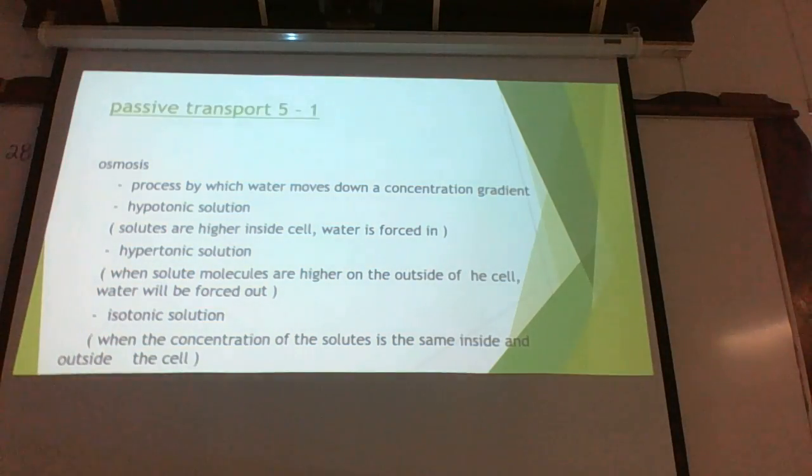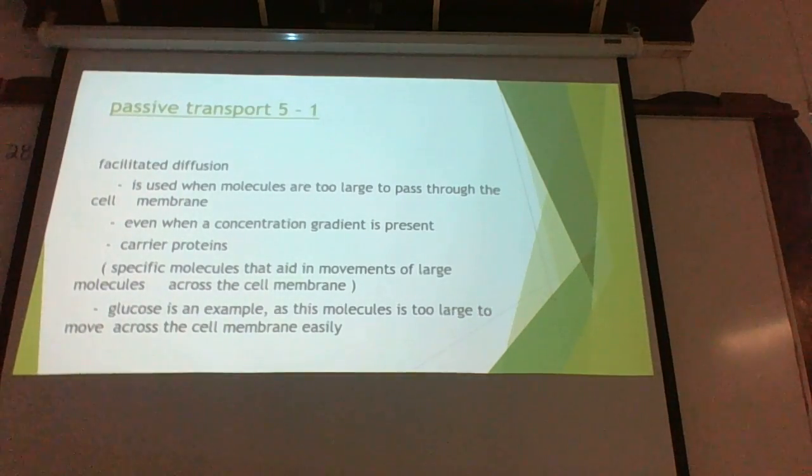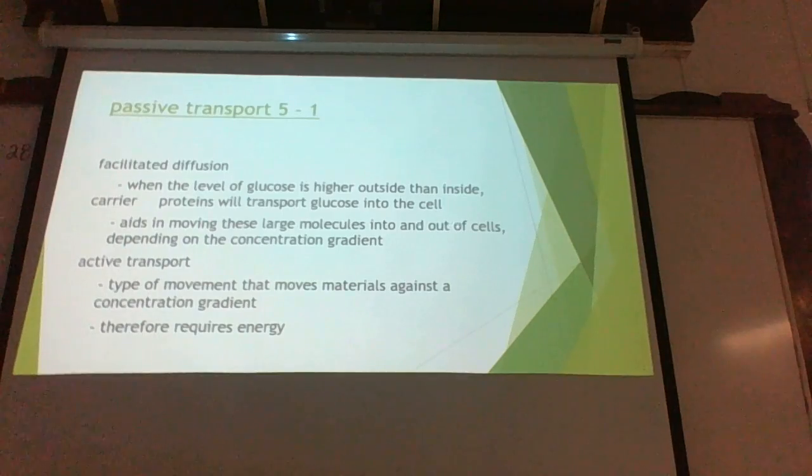So then we begin finally with facilitated, or excuse me, we did this already. And I don't think we've done this because we haven't talked about active transport yet. Because this gets to be a little more complex, and we'll talk about that here in just a moment.